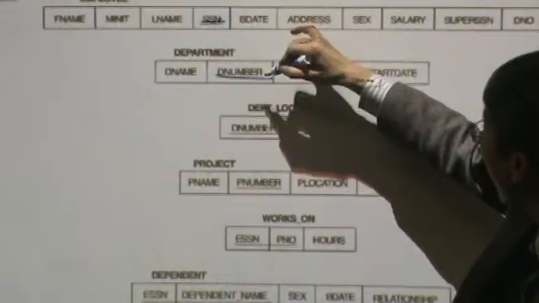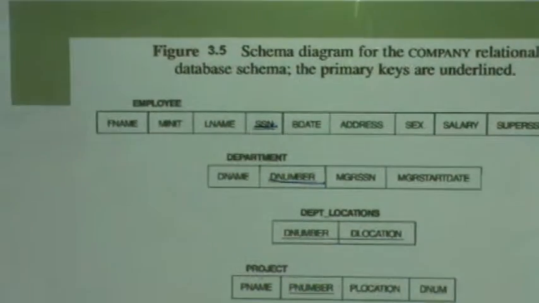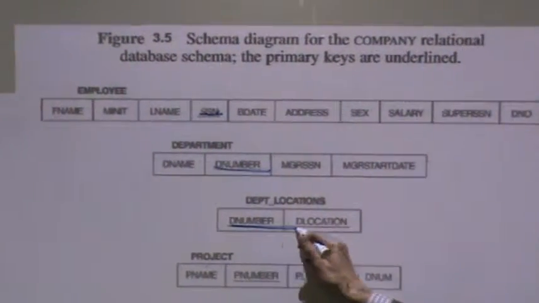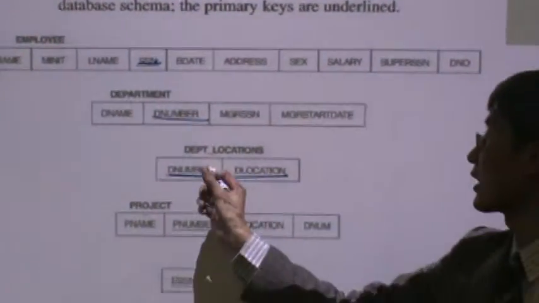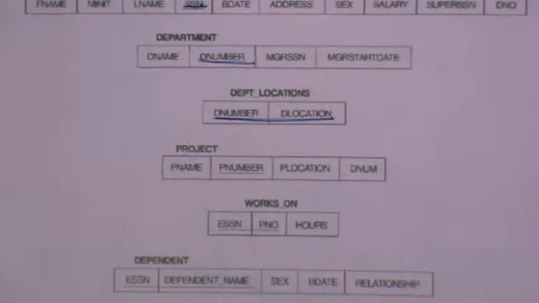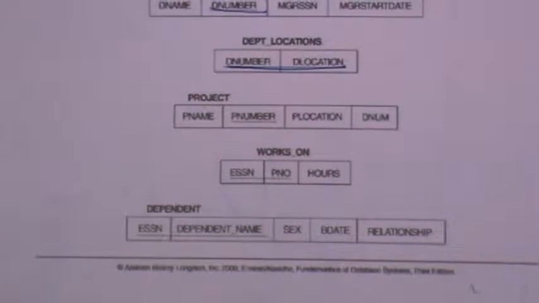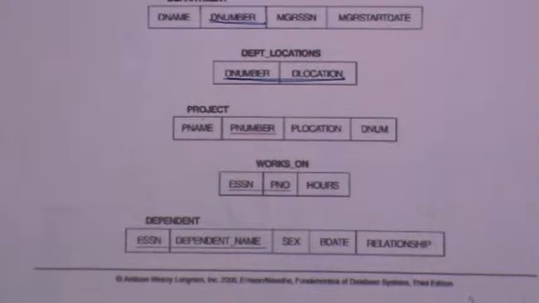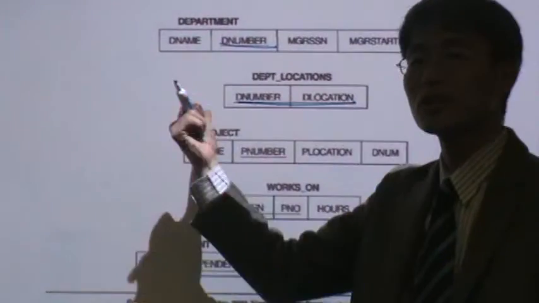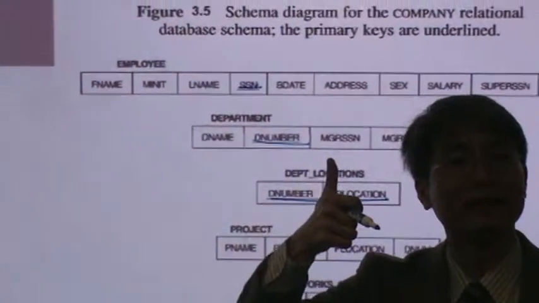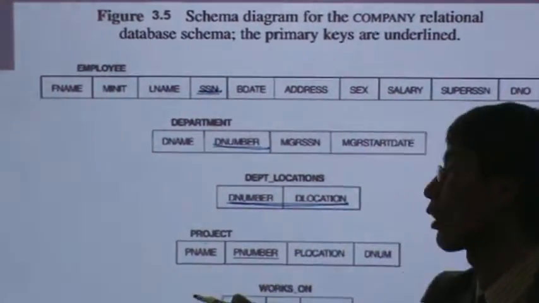As you can see, every table has one primary key. What about this department underbar location? Why is it 2? Actually, it's 1. It's a composite primary key, only one. The composite primary key is allowed.